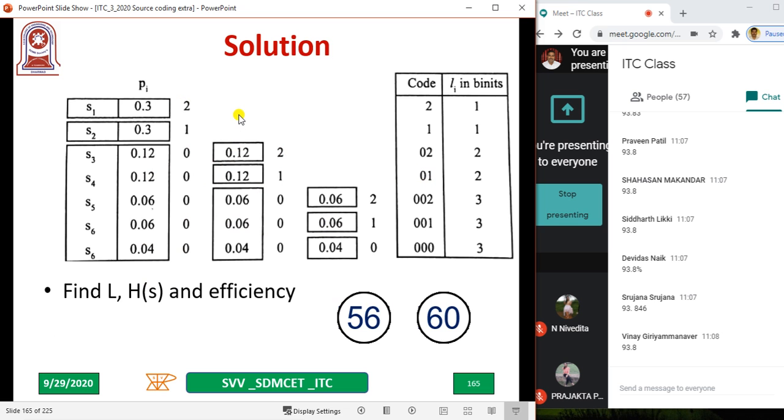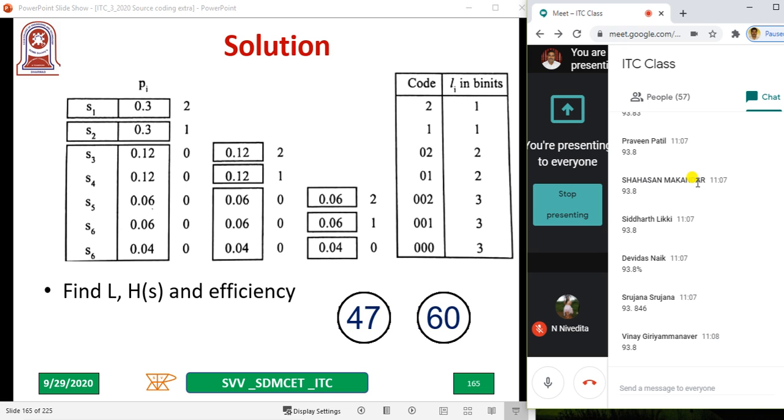Find the average length. H of S. Find the efficiency. So all of you copy down the code words, then find out the average length.